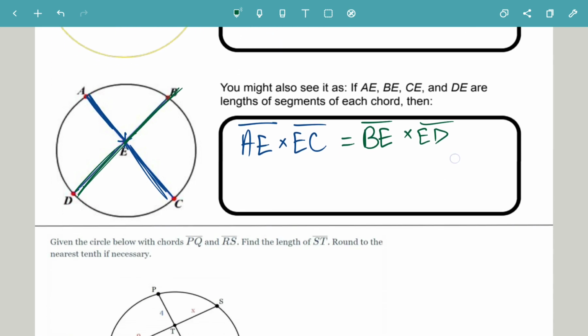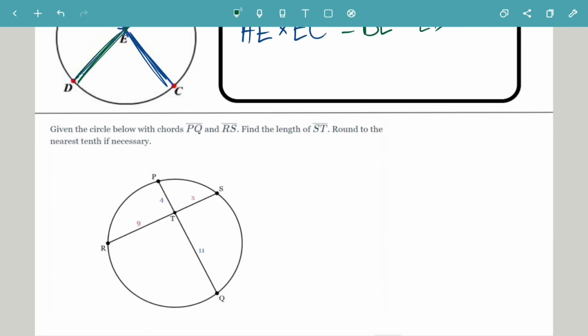So let's look at some example problems. So down here we have a circle with the chords PQ and RS. We want to find the length of ST rounded to the nearest tenth if necessary. So PQ is this whole chord right here.